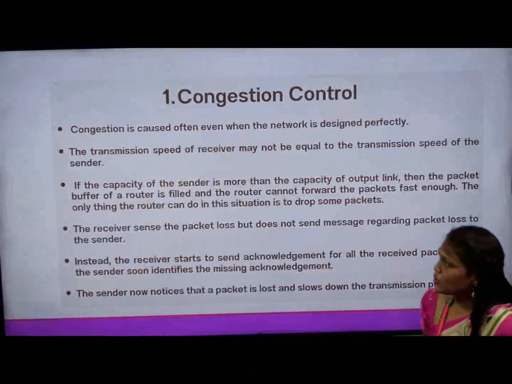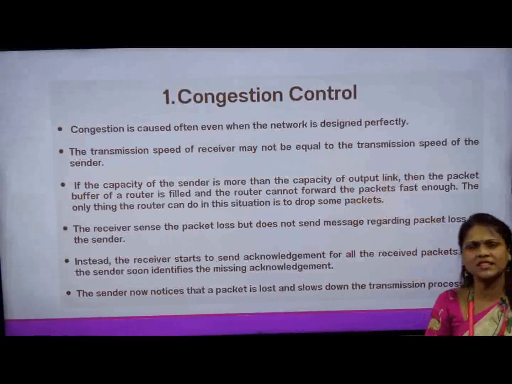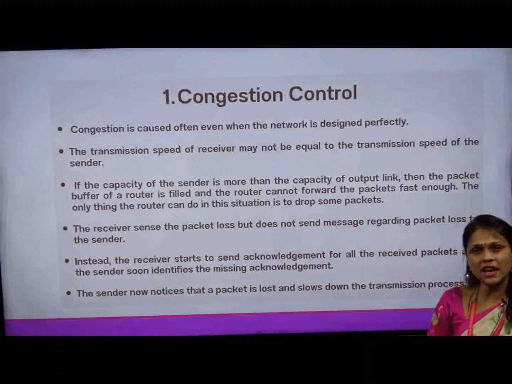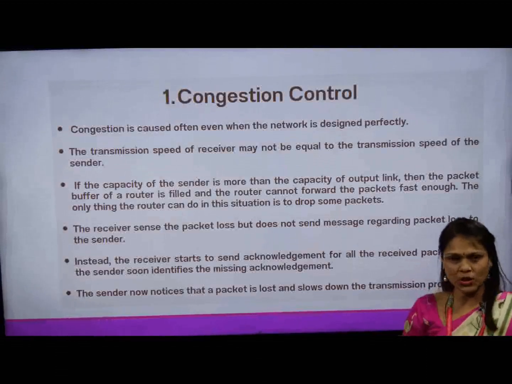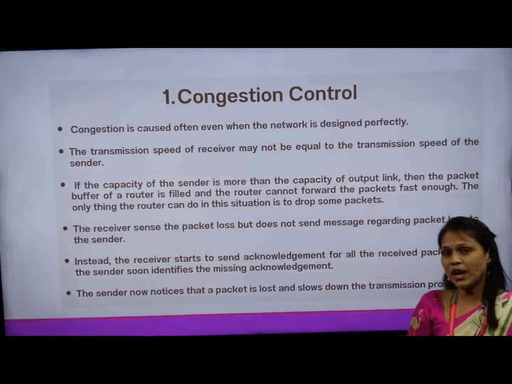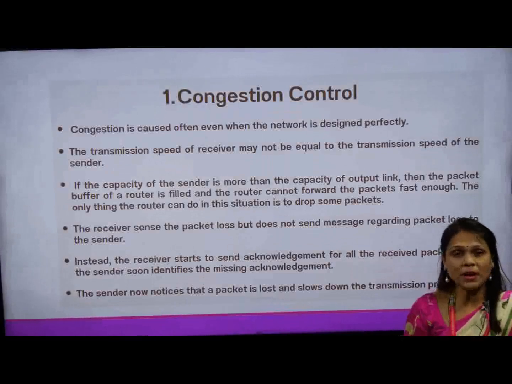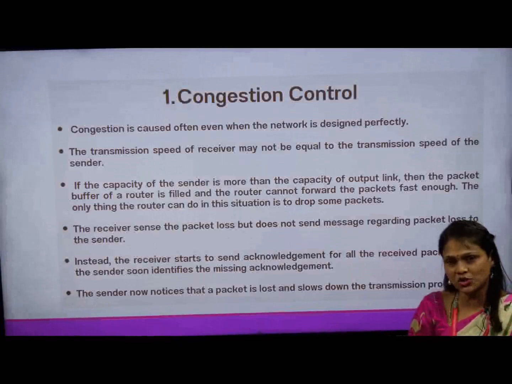Right, congestion control. Congestion is often caused even when the network is designed perfectly. How is that possible? We have designed a network which is useful for sending data from a sender to a receiver. Even though we have designed the network perfectly, what is causing the congestion? What problem is actually causing this?